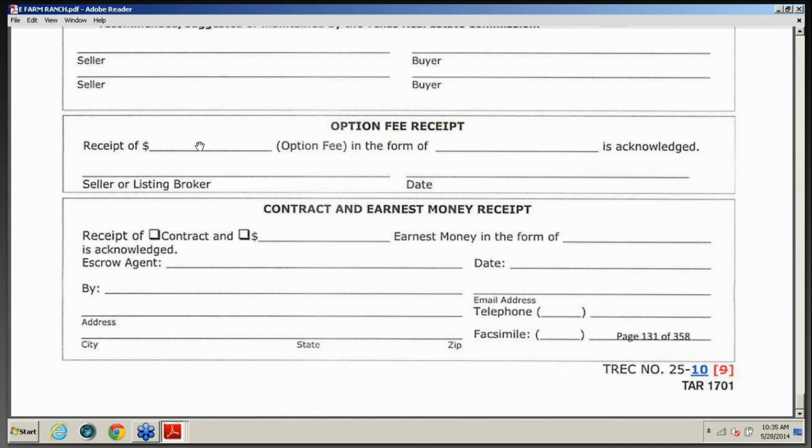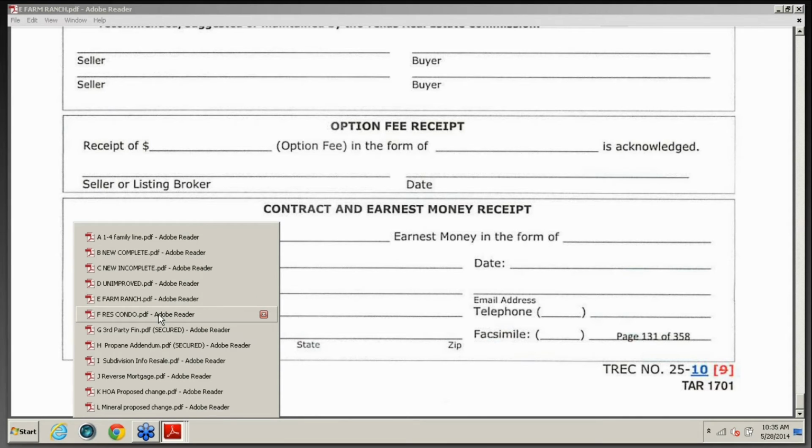The good news is, because of TREC, if you buy property, you can have your own well. So your buyer could possibly go ahead and drill their own well on their own property, provided that it does not hurt or harm anyone around them or living near. So I hope that answered your question, but again, that is most likely a legal question.